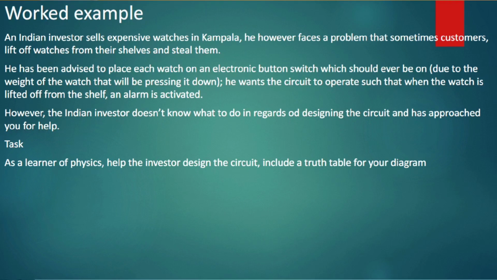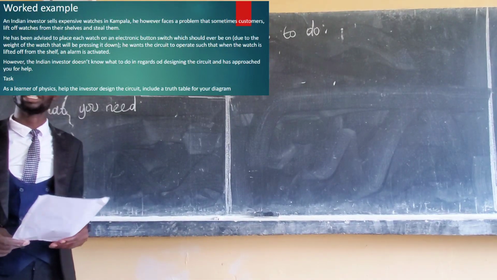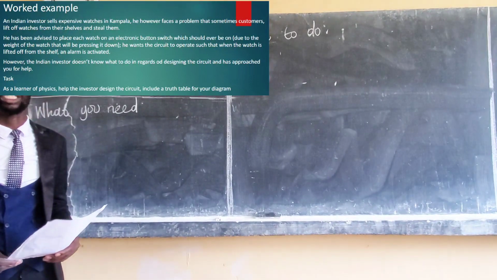When he presses the watch on the button switch, the button switch will be on. He also wants a circuit that operates such that when the watch is lifted off the button switch, the alarm goes on. So that is the circuit we have to help this man to design.